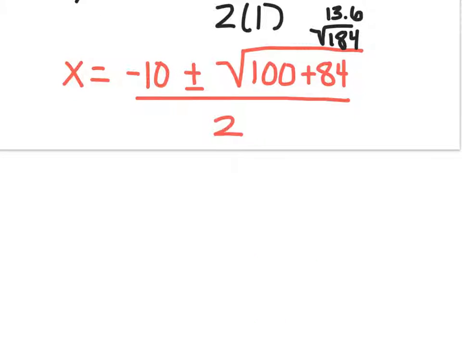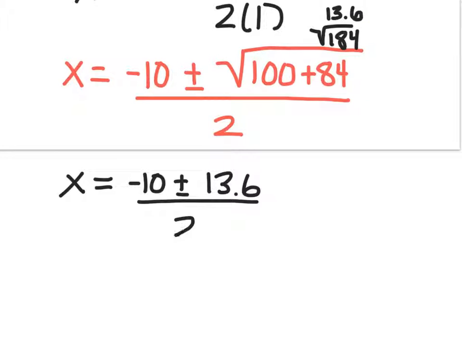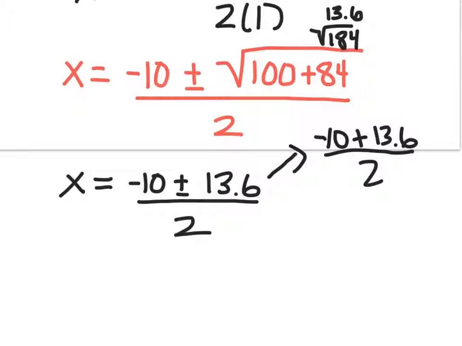Now, I'm going to go ahead and simplify this down. So I'm going to get x equals negative 10 plus or minus 13.6 all over 2. And remember, that'll give you two values: negative 10 plus 13.6 all over 2, and it would also give you negative 10 minus 13.6 all over 2.